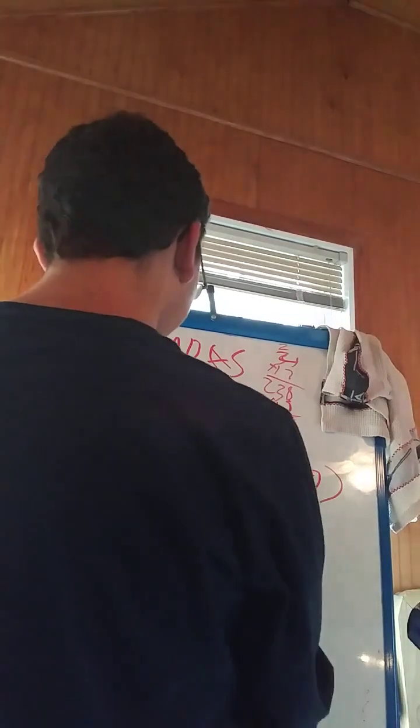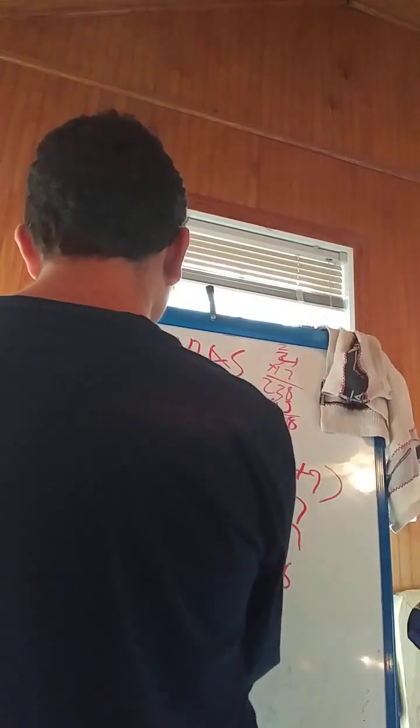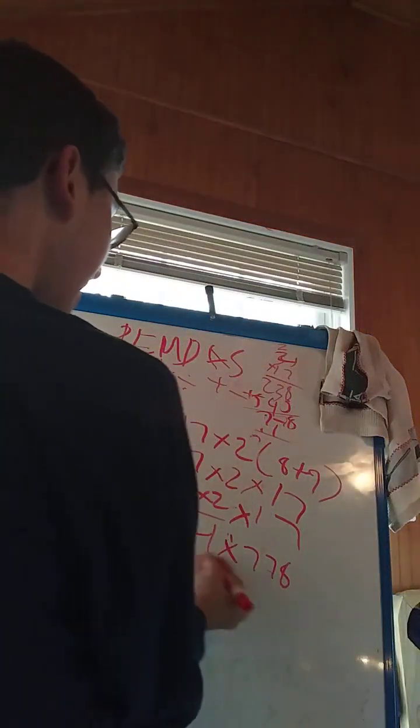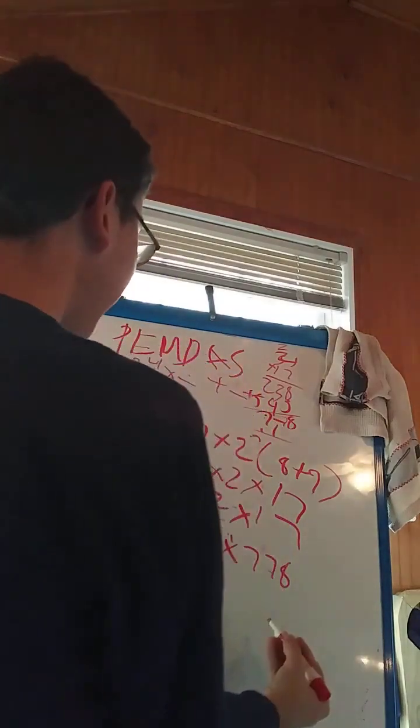And then we still have this left, so we drop that down here. So now we still have this left right here. We still have more multiplication. So we need to times that, and I'm going to be right back.